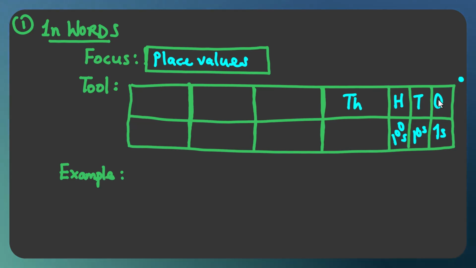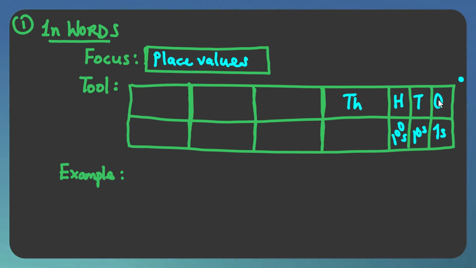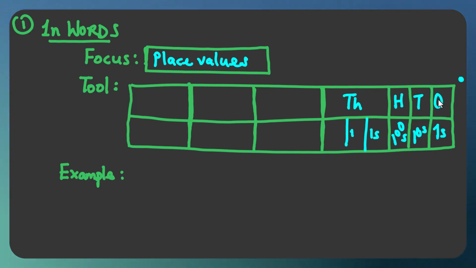The thousands is divided into three parts, where we have our ones, our tens, and our hundreds of thousands.